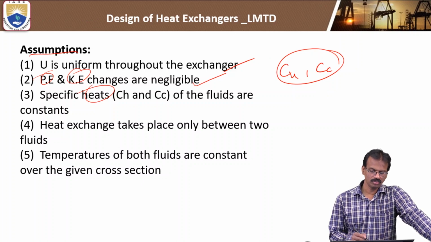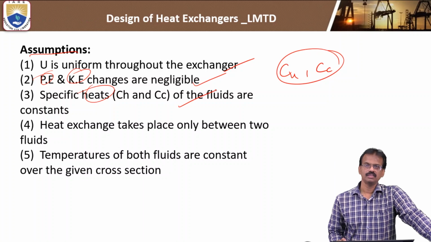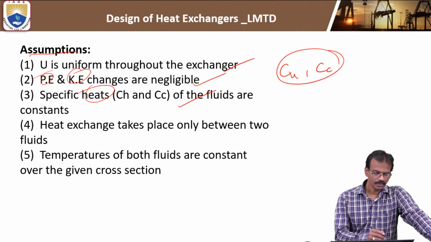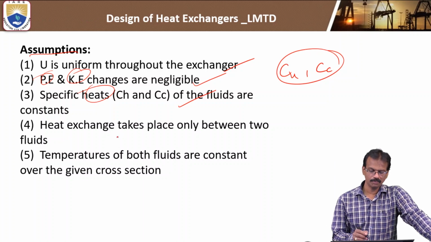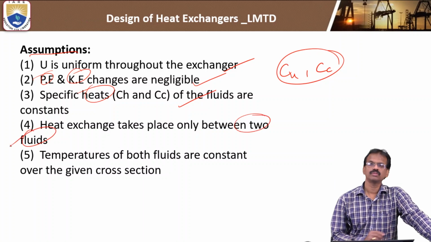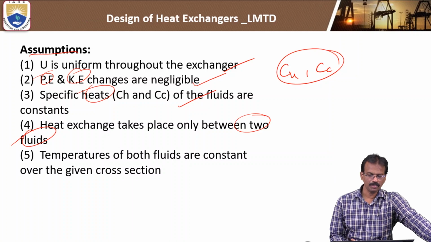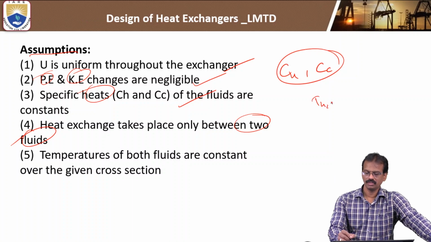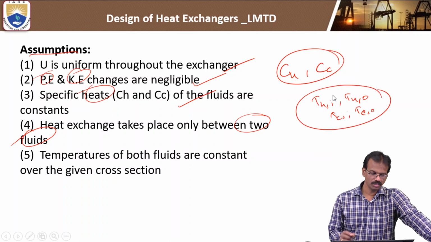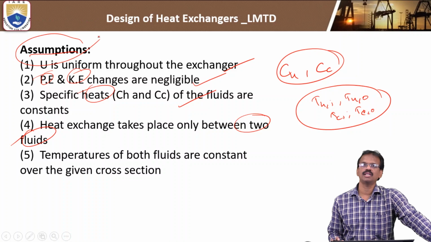Heat exchange takes place only between the two fluids. Next, the inlet and outlet temperatures of the hot fluid and cold fluid are fixed and will not change. So these are the assumptions to find the LMTD method for the parallel flow heat exchanger.